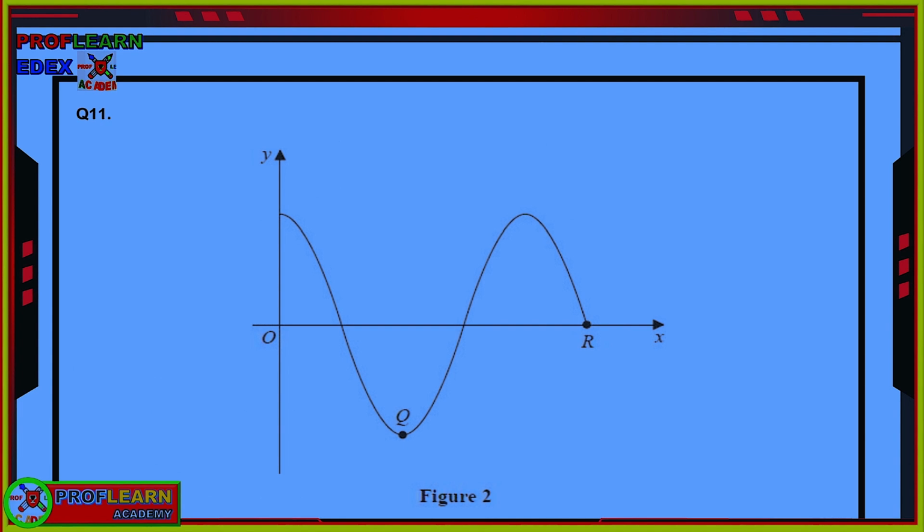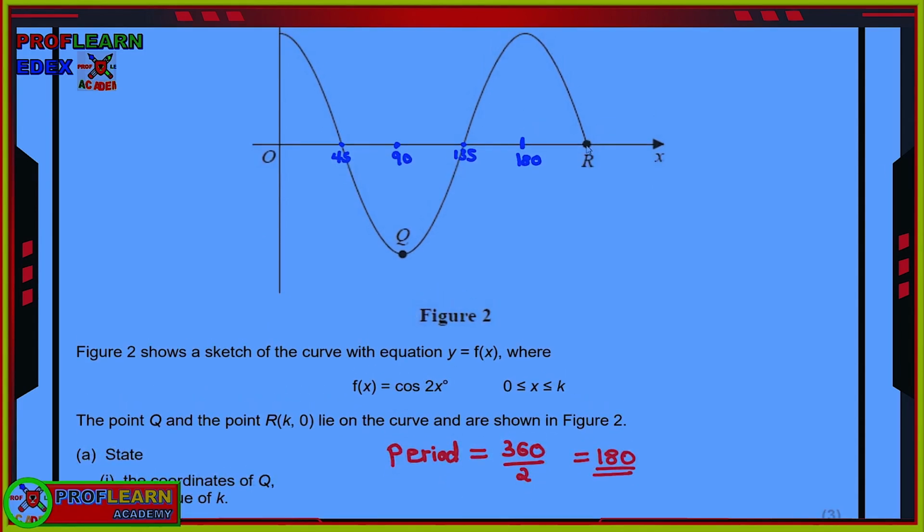It is going to make a complete cycle, a complete wave, at 180 degrees. The first quarter is at 45, we shall have 90 here, then 135 at this point, so we have our period as 180.